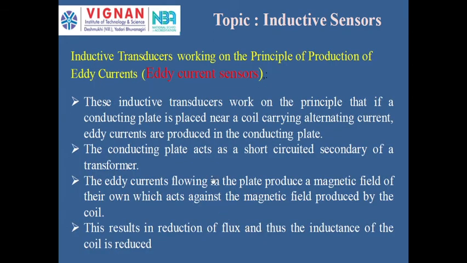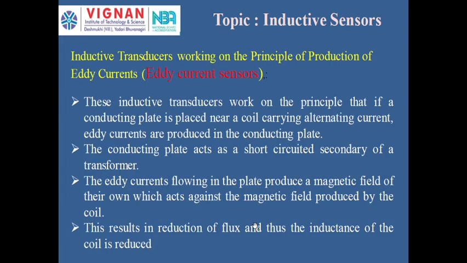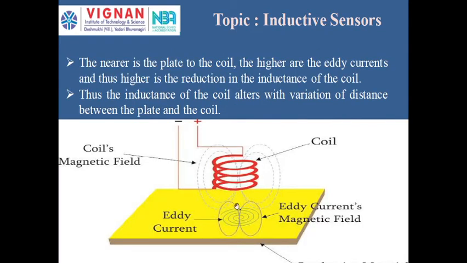Because of the eddy currents flowing through this conducting plate, the plate acts as a short circuited secondary of a transformer. Just like in a transformer we have a primary and secondary which do not have any physical contact, here also these two do not have any physical contact.